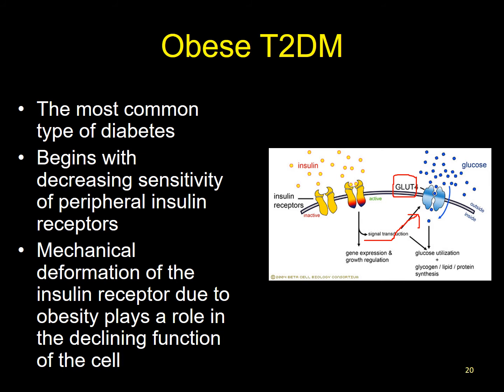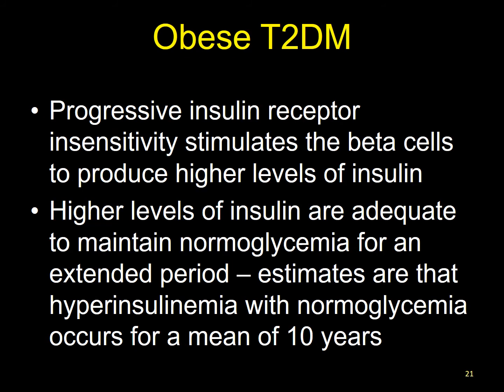But if you have an insulin receptor problem, like I'm circling here, if there's a problem with these receptors, it can't open the transporters. And so then you're going to have a lot of insulin out here trying to make this work, and a lot of glucose out here because it can't get in. And patients will be hyperinsulinemic and hyperglycemic. And this characterizes the years before diabetes.